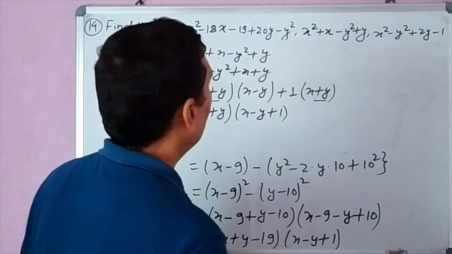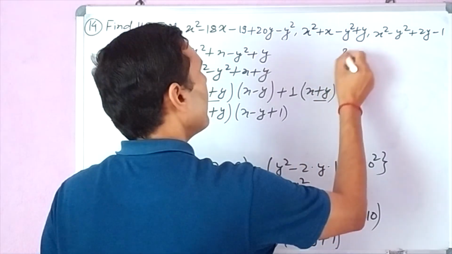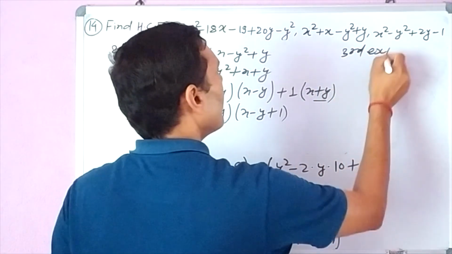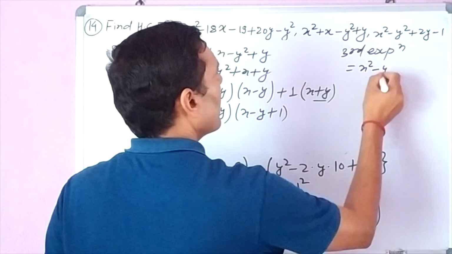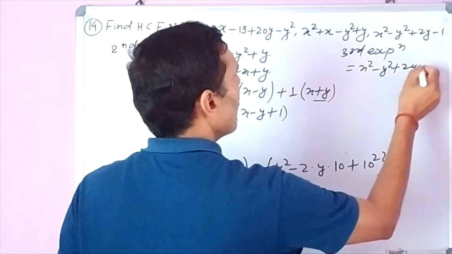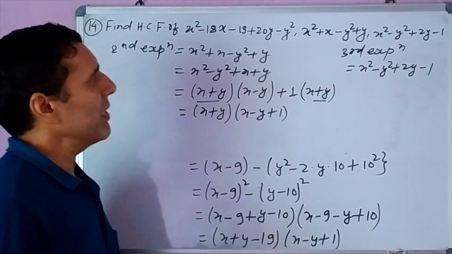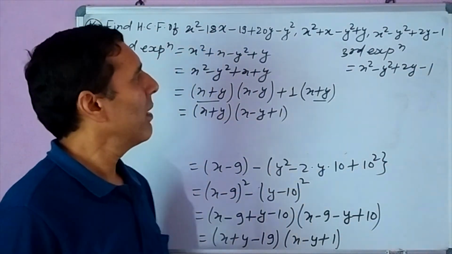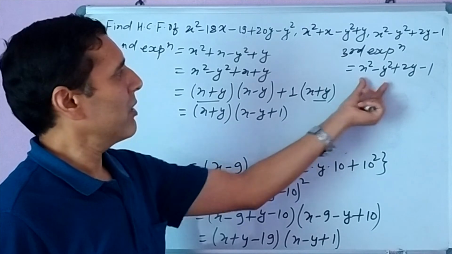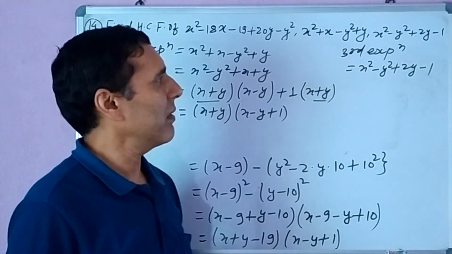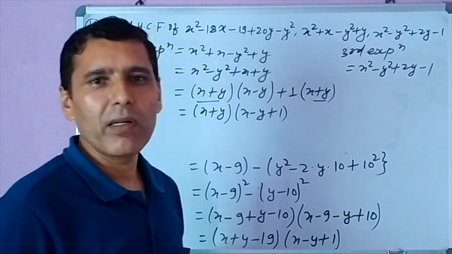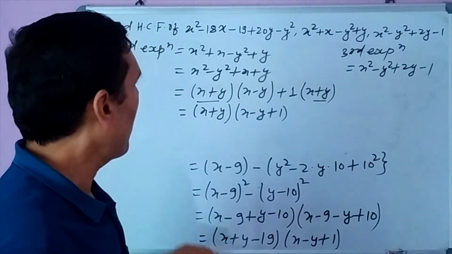Now similarly, we have the third expression. Our third expression is x square minus y square plus 2y minus 1. How can this be factorized? Look here. Here x plus y, x minus y we cannot write because from the last two terms, 2y minus 1, we get neither x plus y nor x minus y.